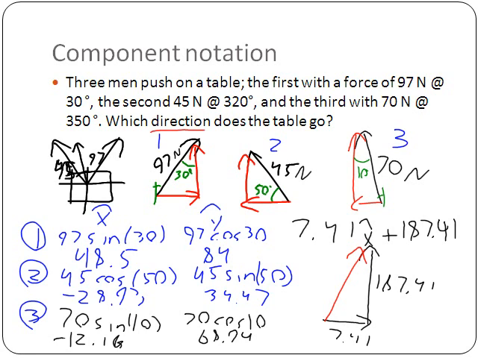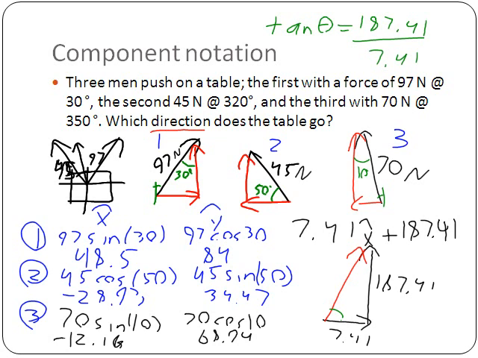To find that direction, we're going to need to know what this angle right in here is. That's our theta. To do that, we have opposite, we have adjacent. Whenever you're doing that, it's going to be tangent. So to set this up, we would say that tangent of theta is equal to opposite 187.41 over adjacent, which is 7.41.